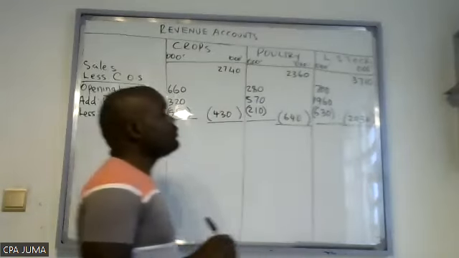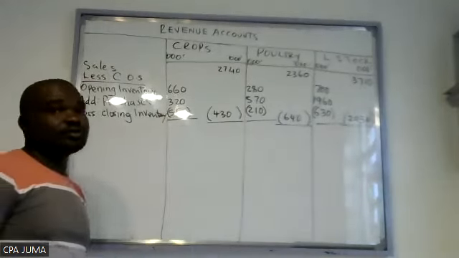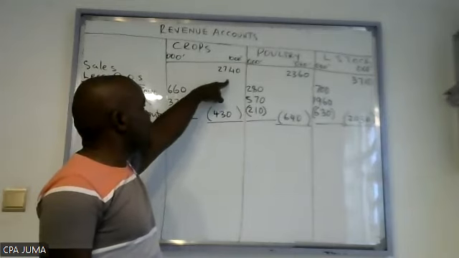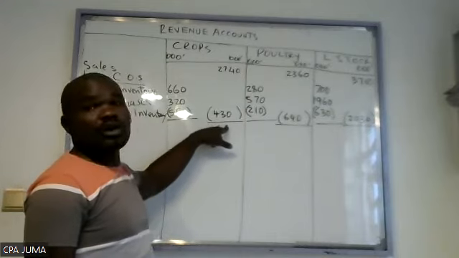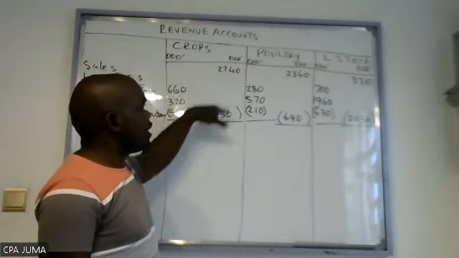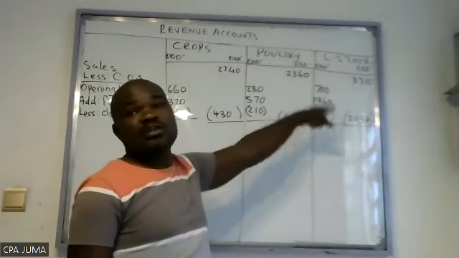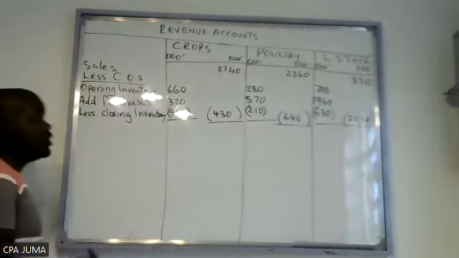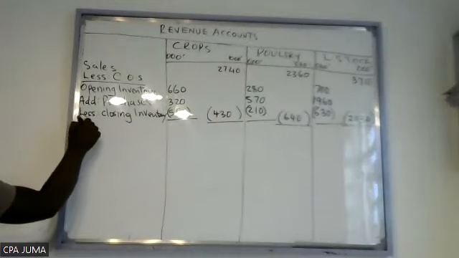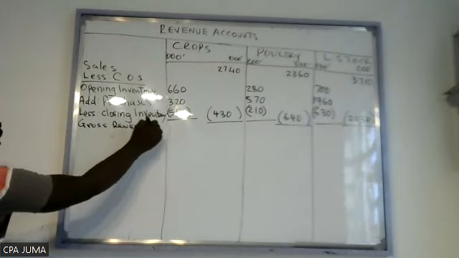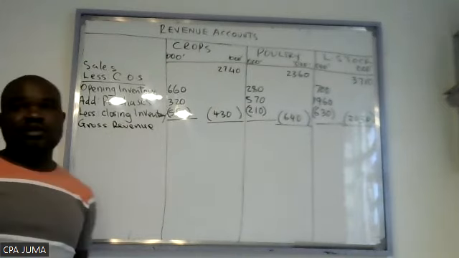The way you have done them, the difference now, the difference between sales minus the cost you have gotten, like this is 2740 minus 430, 2360 minus 640, 3710 minus 2030. Subtract them, that is the gross revenue. So gross revenue. Again, give me the three answers.